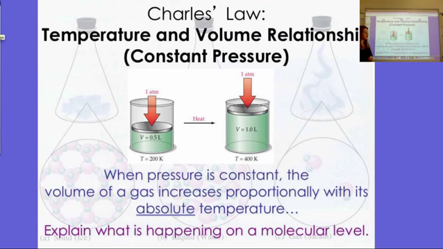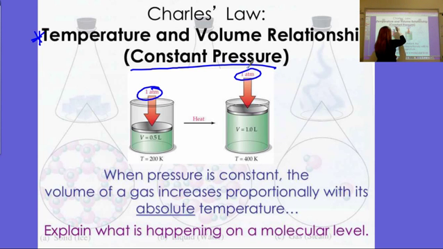Charles' law. Charles' law says, I'm going to keep the pressure constant now. But I notice when I keep the pressure constant that there's another relationship between temperature and volume. 1 atm constant pressure, got that.